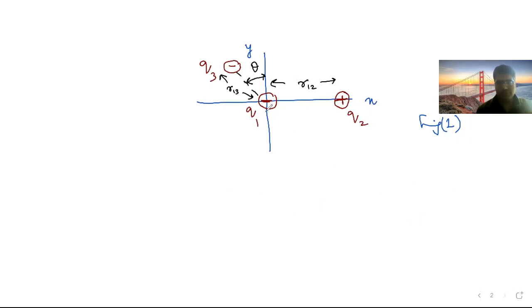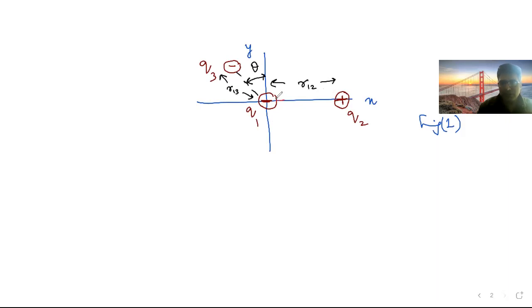Q3 will repel Q1 as they are like charges, and Q2 will attract. So let us show those 2 vectors in the figure. I will use another color. Let me use this color.